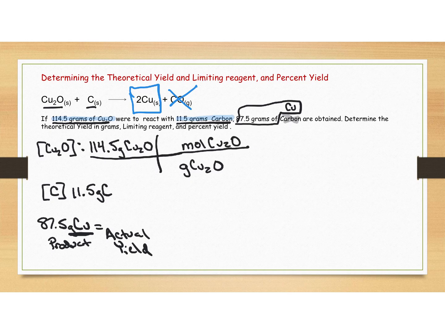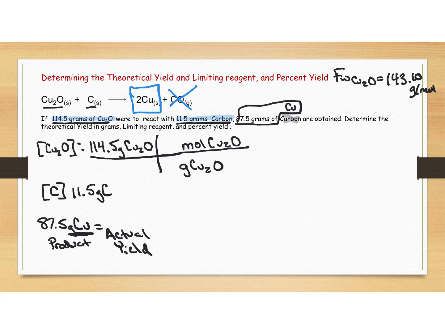Now, how do we go from grams to moles? We use our formula weight. So I would have to find out what is the formula weight of Cu2O. That's 2 coppers and 1 oxygen. My formula weight for Cu2O is 143.10 grams per mole.